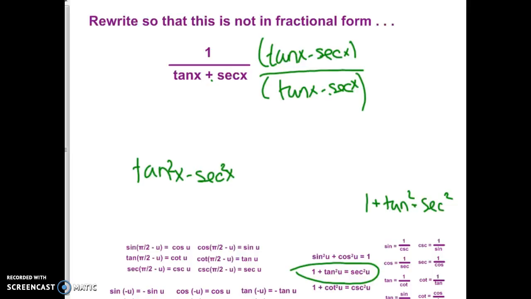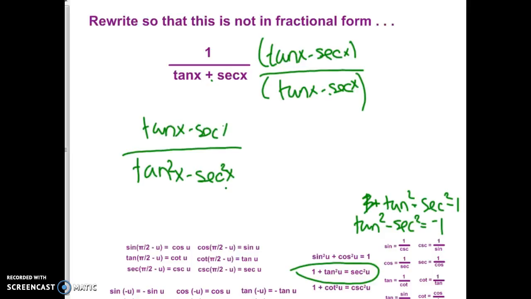If I subtract 1 from both sides, then I subtract secant squared from both sides, this equals negative 1. That's kind of convenient. So then I get tan x minus secant x in my numerator, divided by negative 1, which allows me to break into parts and get negative tan x plus secant x.